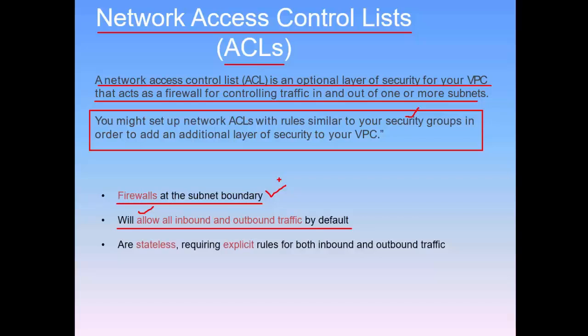By default, all inbound and outbound traffic is allowed. In a security group, we can create only allow rules, we cannot create any deny rule. But here in the ACL, we can create allow and also deny rules.